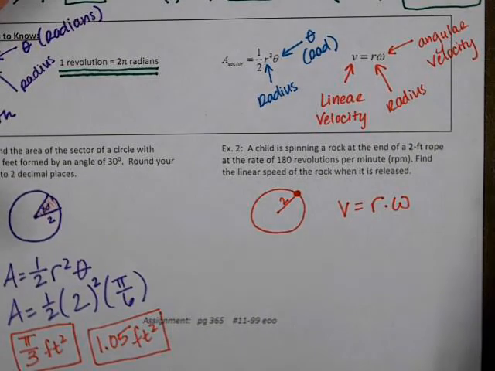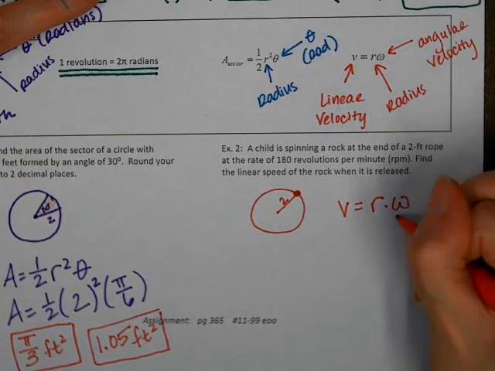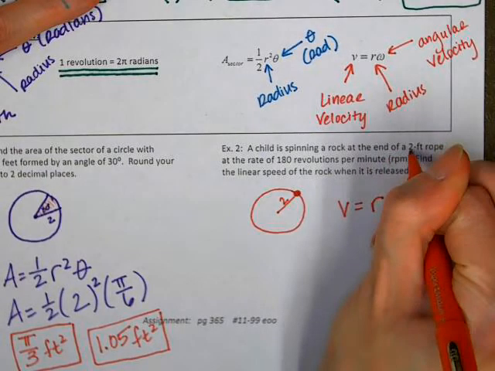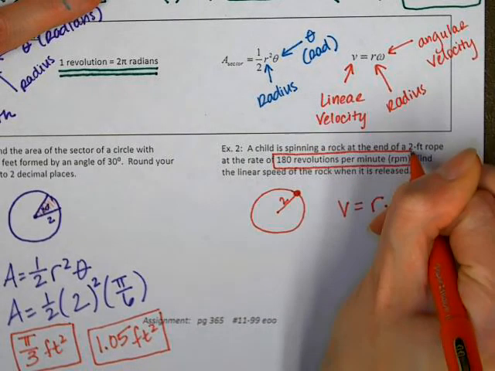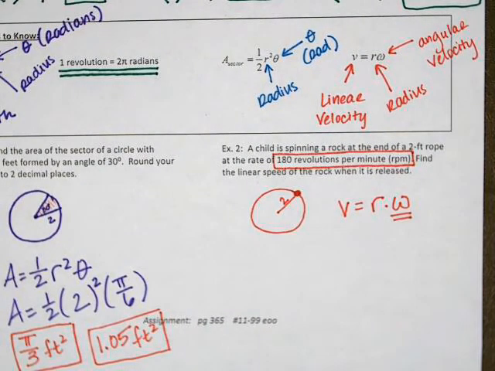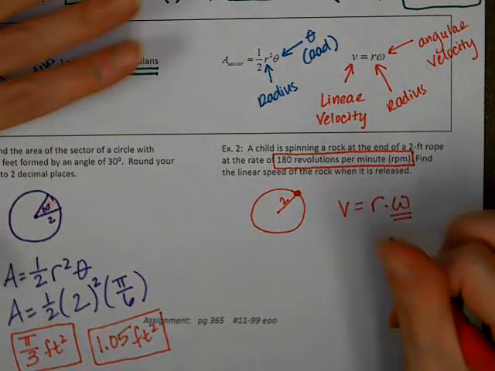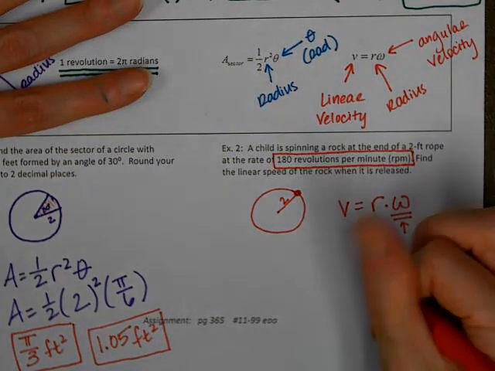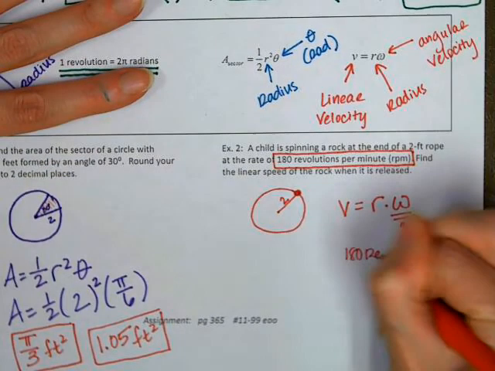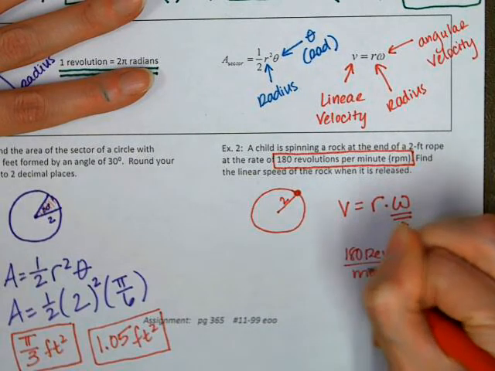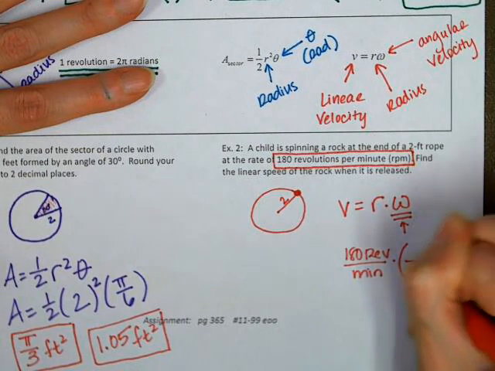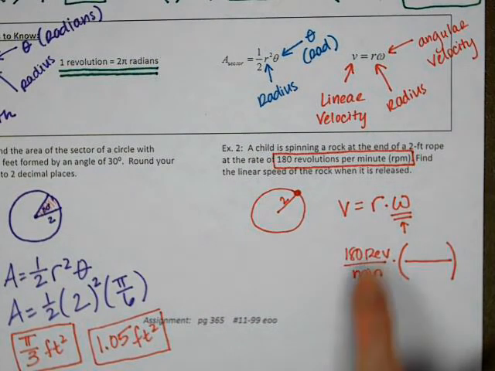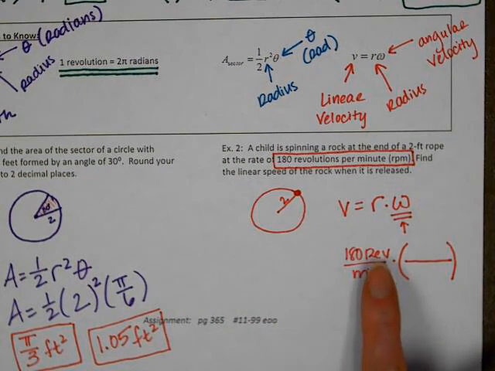So one thing, guys, when you're plugging in the angular velocity here, make sure you convert it to radians per time from revolutions per time. So let's start with that. So for this angular velocity, it's 180 revolutions per minute. But we need to convert that to radians per minute. So what's the conversion from revolutions to radians?